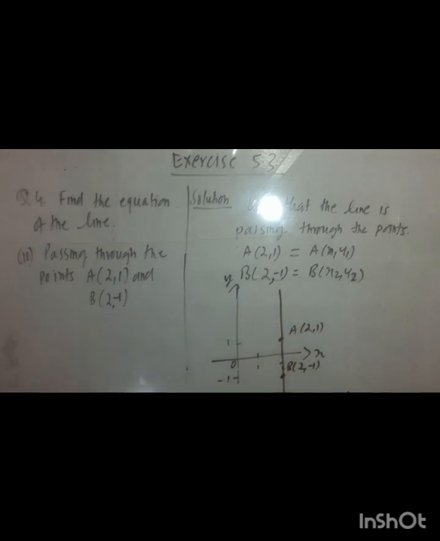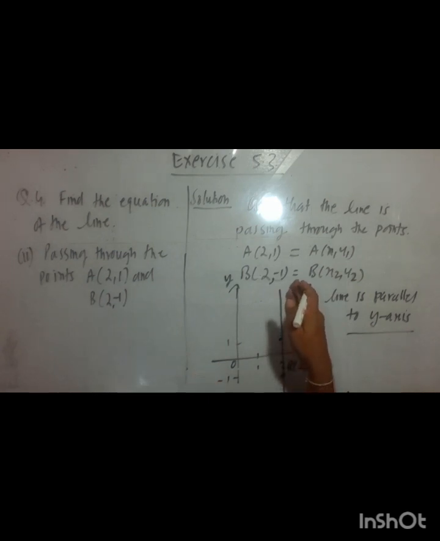Now I had told you that this line is parallel to the y-axis. Okay, this line is parallel to the y-axis. I have taught you that if the line is parallel to the y-axis, then how to determine the equation. See, this line is parallel to the y-axis and it is cutting the x-axis at point 2.